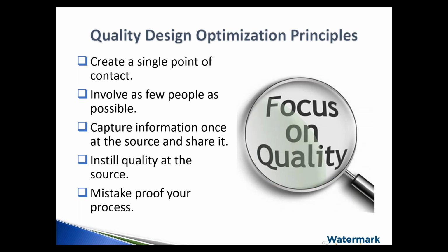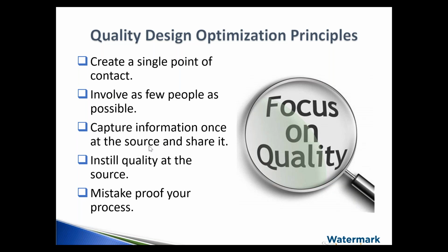If you're looking at your process as a whole, you're trying to make it provide value. Every time you get more people involved, you have to transfer information, you have to transfer data, you have to transfer components if you're making a widget. The fewer people you have, the fewer handoffs you have, the more streamlined your process will be. Capture information at the source and share it.